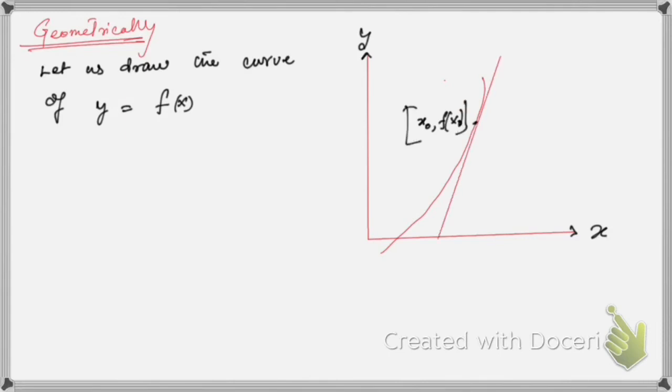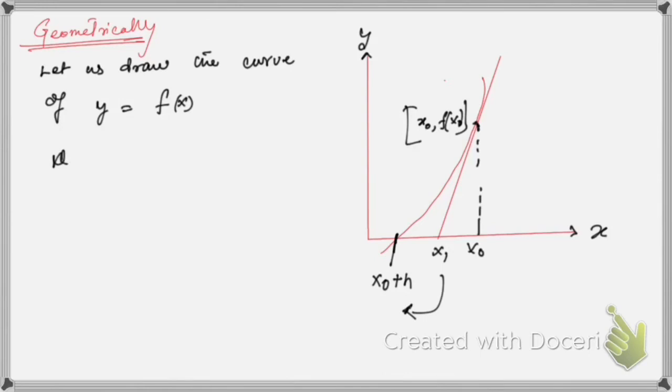Here let us draw a tangent which cuts the x-axis at x1, and this point is x naught plus h, which is the actual root of this curve. If you draw a perpendicular here, you will get x naught here, and x1 is closer to x naught plus h compared to x naught.